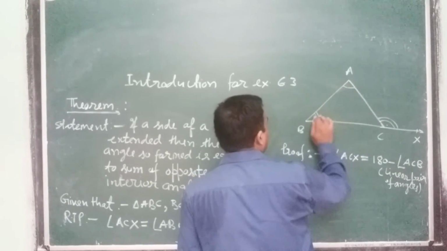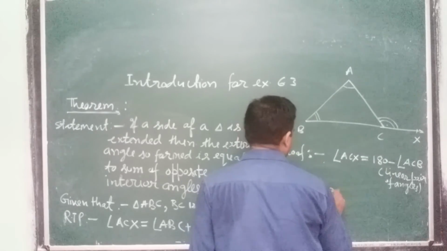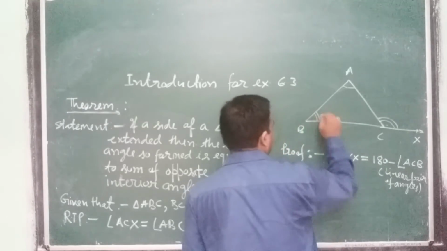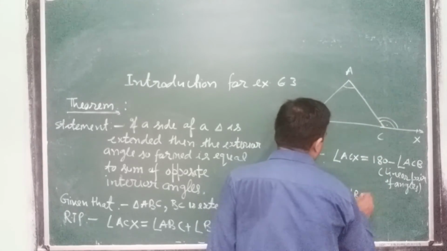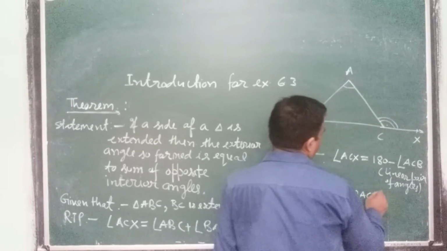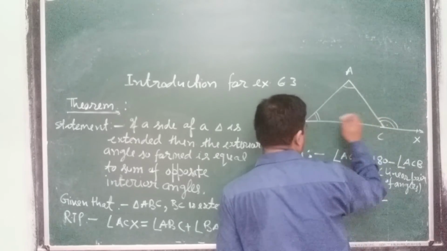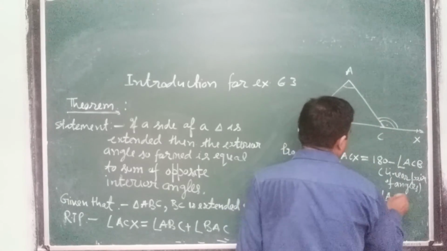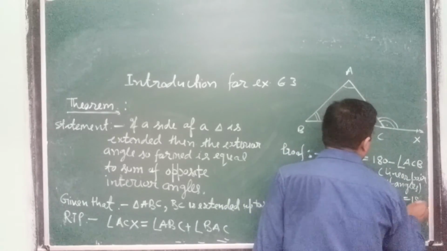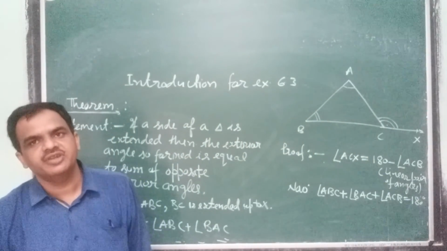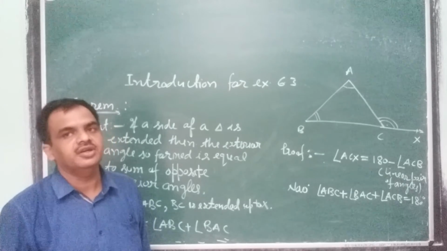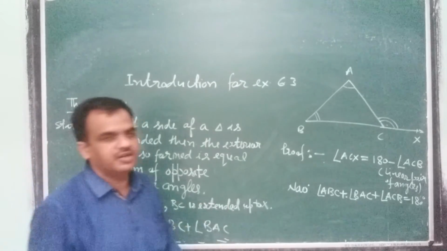Now angle ABC, that is angle B, plus angle BAC plus angle ACB equals 180 degrees. Why? Angle sum property of a triangle, that is, the sum of three interior angles of a triangle is 180 degrees.